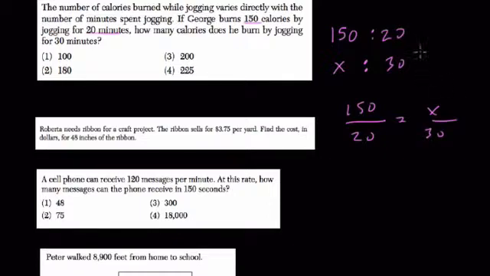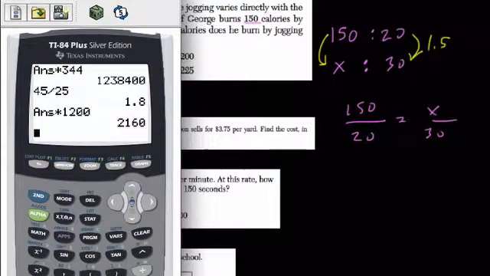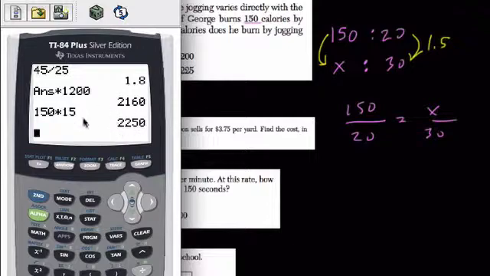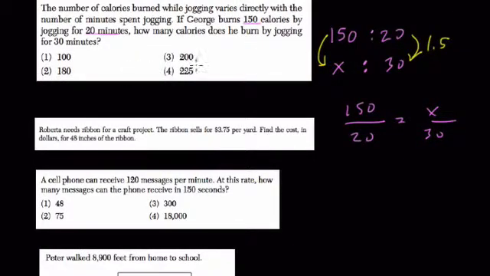However you like to solve this, I'm going to use my ratio here. 20 goes into 30 1.5 times. So 150 will go into this new calorie amount also 1.5 times. So I just do 150 times 1.5, which is 225, right? Or choice 4. I typed the wrong number in the calculator.